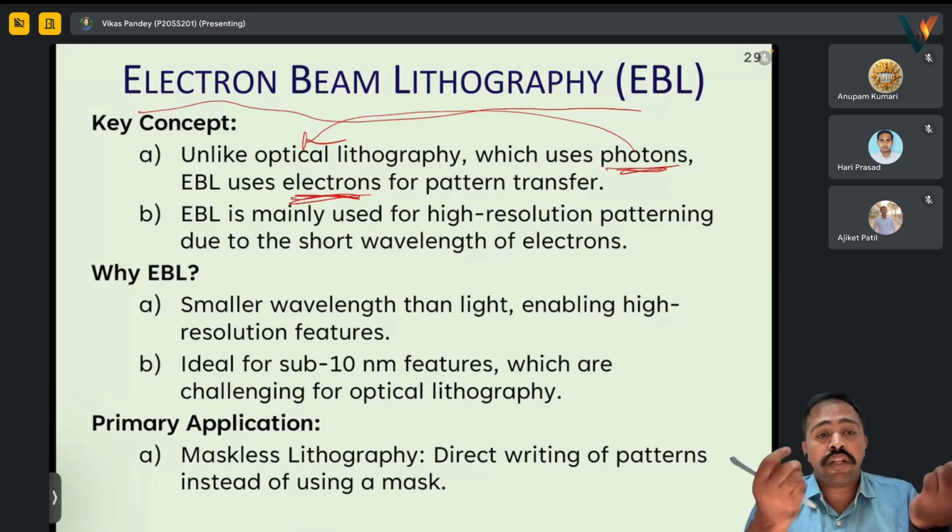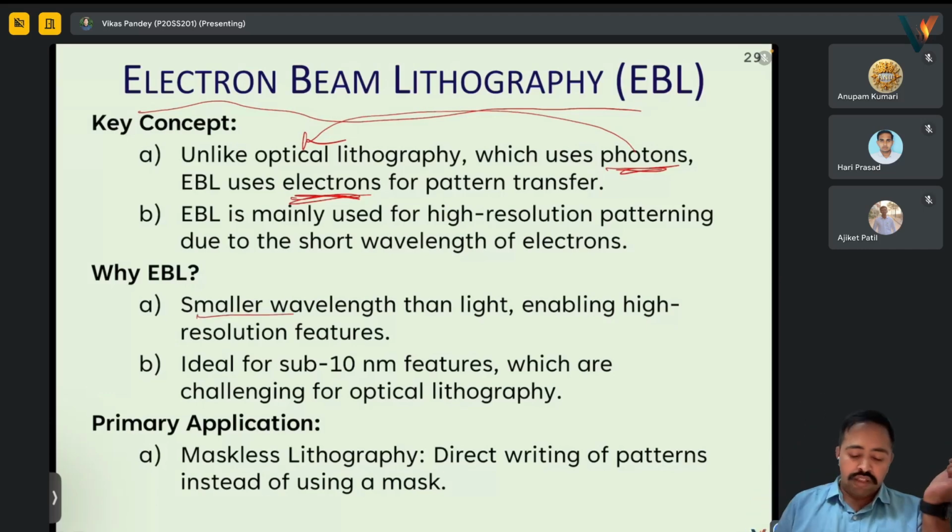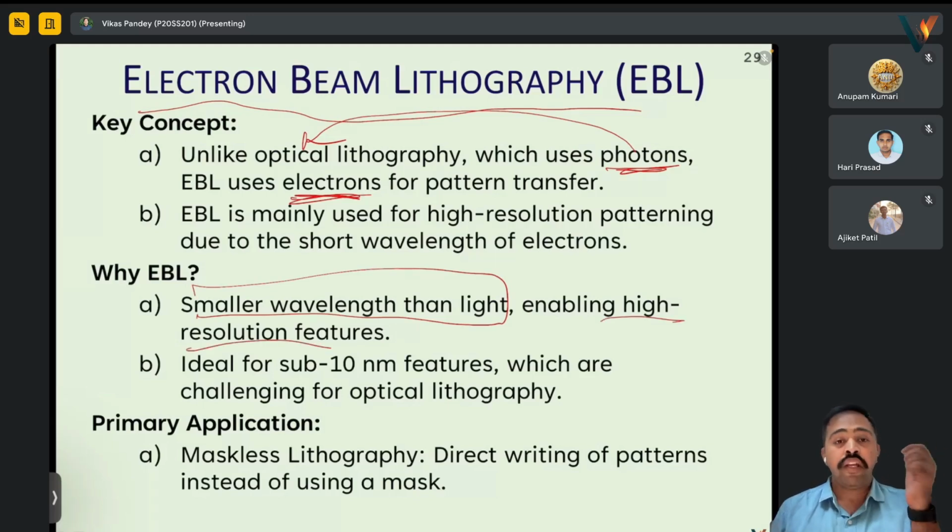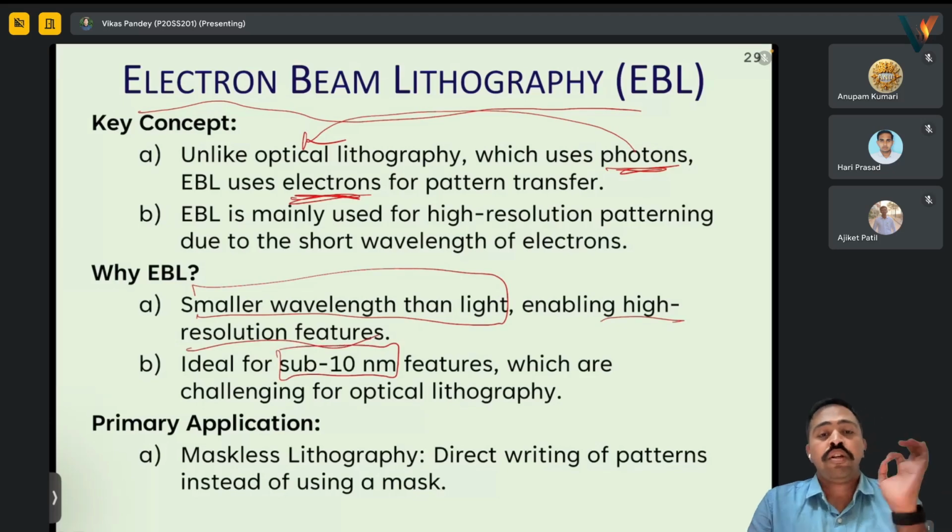So why go for electron beam? One is smaller wavelength than light, so high resolution. When we are dealing with sub 10 nanometer features, in normal bigger feature sizes it's fine, but when we are trying to make features of less than 10 nanometer, then we have to go for electron beam lithography.